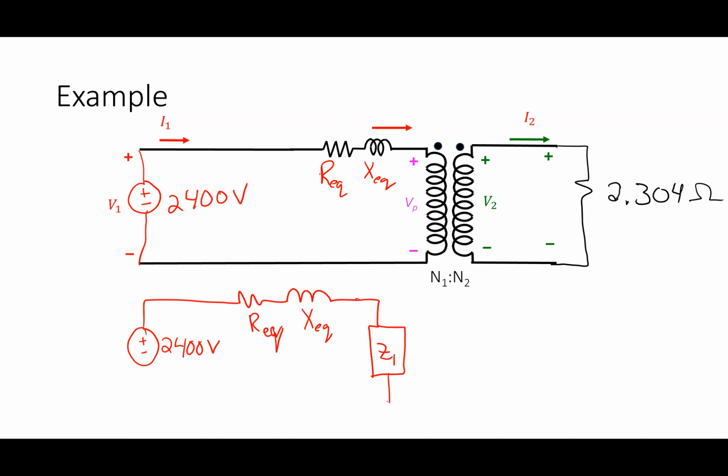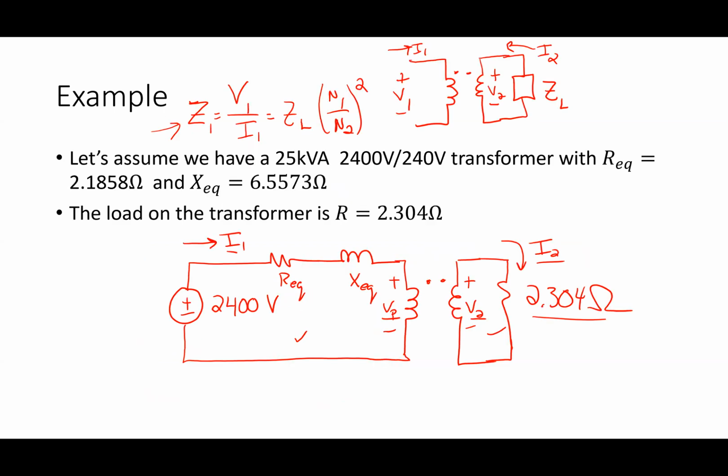I'll call it Z1, like that. So what would that Z1 be in this case? Well, I said the reflected impedance is the turns ratio squared times whatever load impedance I have.